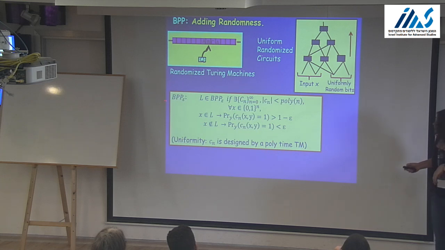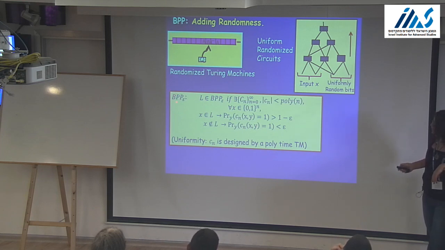Okay, so we can now define the randomized class, BPP, with error epsilon. We say that it's bounded probabilistic polynomial time. The bounded comes from the fact, we'll see that in a second. Bounded probabilistic polynomial time with error epsilon is the set of languages L in BPP epsilon if there exist polynomially growing-in-size circuits like that, with access to random bits, such that for all n, for all x of n bits, if x is in the language, then with probability at least 1 minus epsilon the answer is 1.